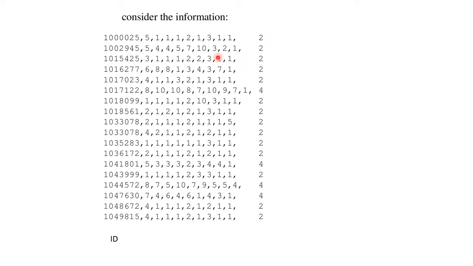And so the input is these variables here, these features. These are numbers which describe various features of the biopsy. And the diagnosis is here. The 2 represents a benign tumor, that's the diagnosis, whereas a 4, a malignant tumor.